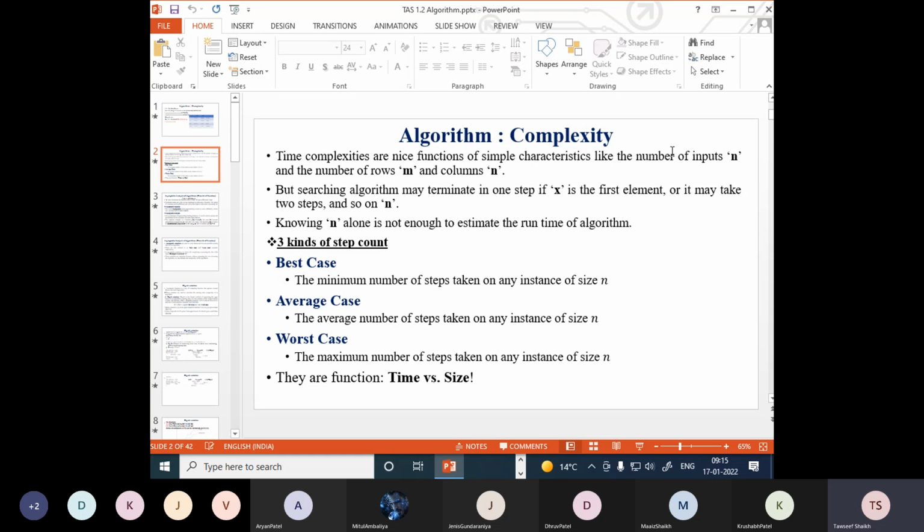There was something like 2mn plus mn plus 1. It was the time complexity of matrix addition. The total complexity of this algorithm depended on the input size, that is the number of rows and columns in the matrices.